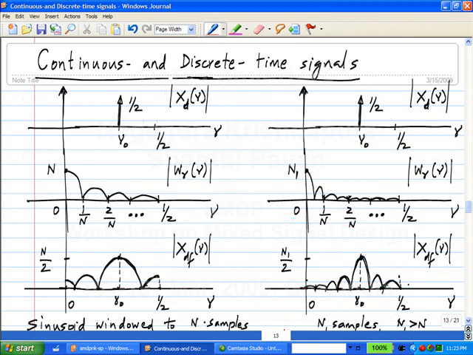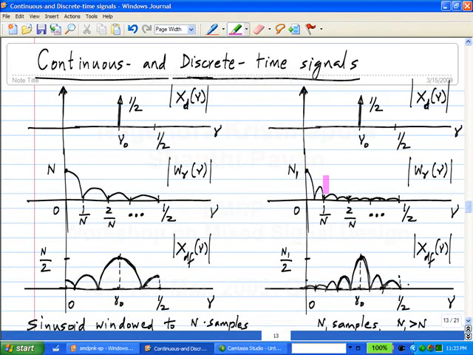Now, one obvious thing is, let's say I take a sinusoid, and in this case I take some n points. That's what I have done on the left side, and the result is as you see. And in the other case, I take n1 points where n1 is more than n. What will happen?